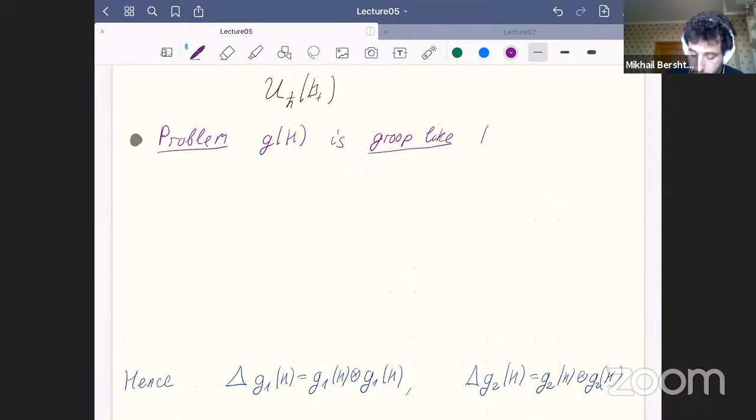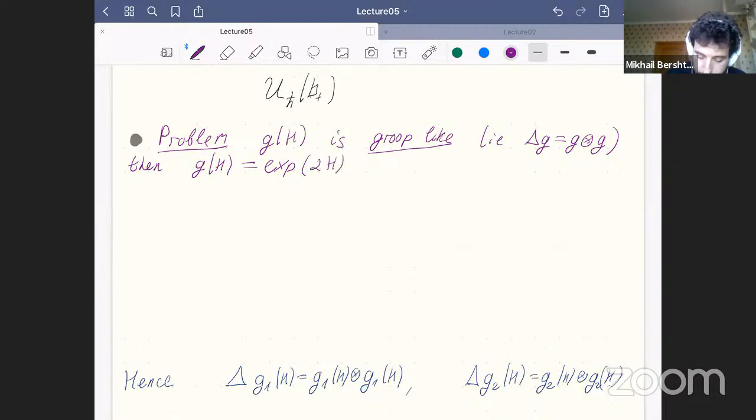Group-like means delta of g is equal to g tensor g. Then g of h is an exponent of some alpha h.